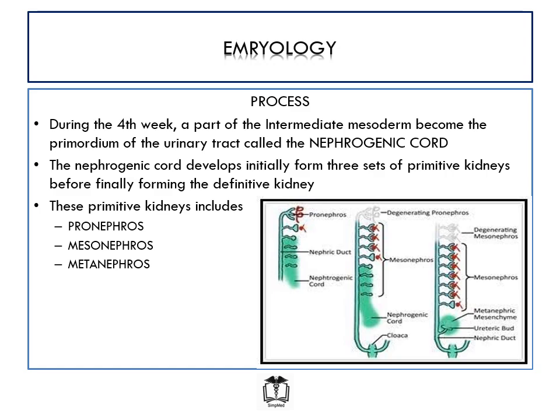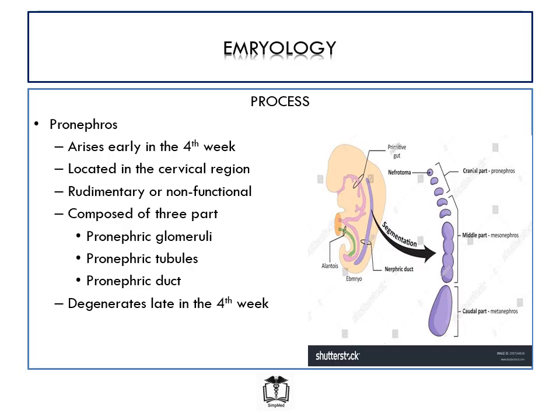The very first set of kidneys formed are known as the pronephros. Then we have the mesonephros formed later on, and then finally we settle at the metanephros, which eventually forms part of the adult kidney. So the pronephros arises around the fourth week, around the time in which the intermediate mesoderm begins to develop. The very first set of kidneys that forms tends to be around the cervical region, so they're higher up, close to the neck.